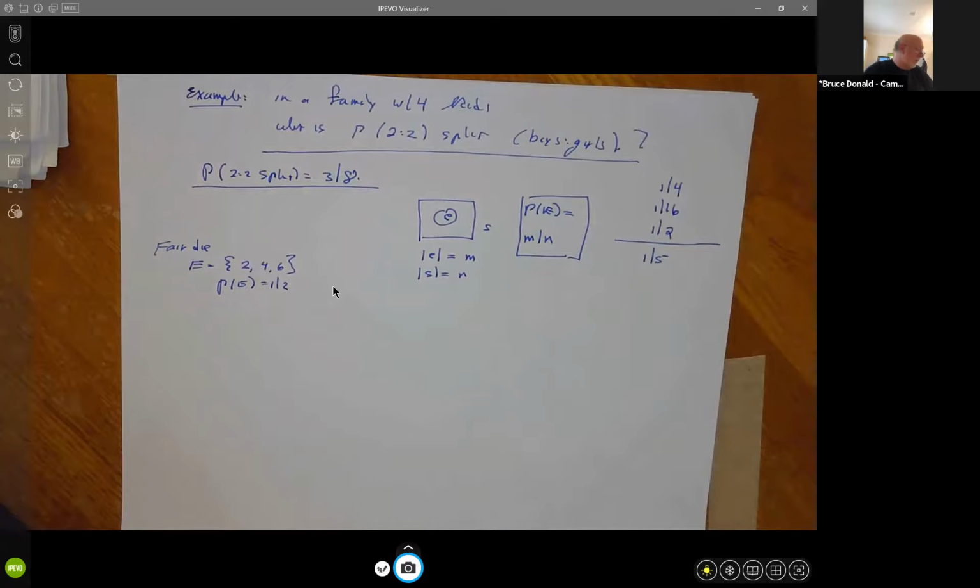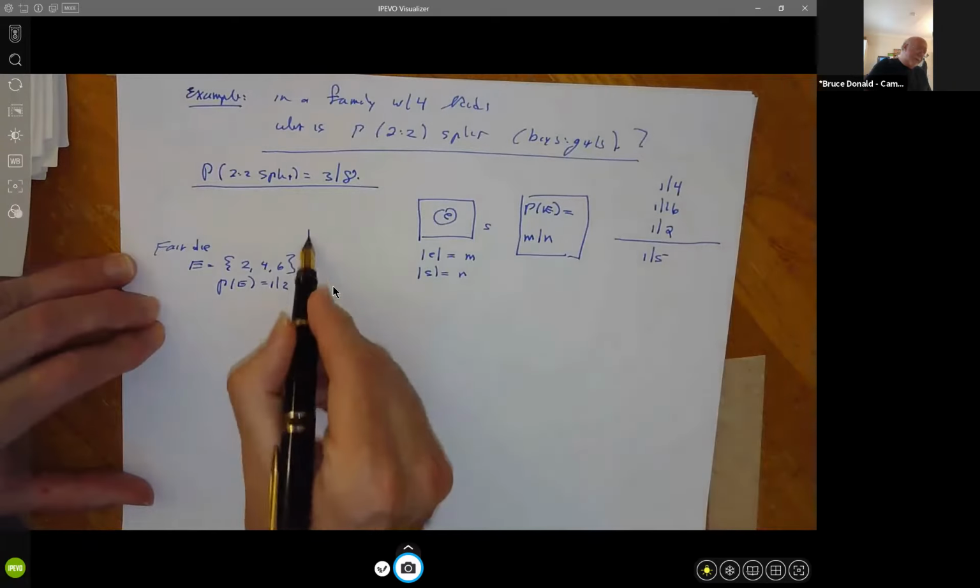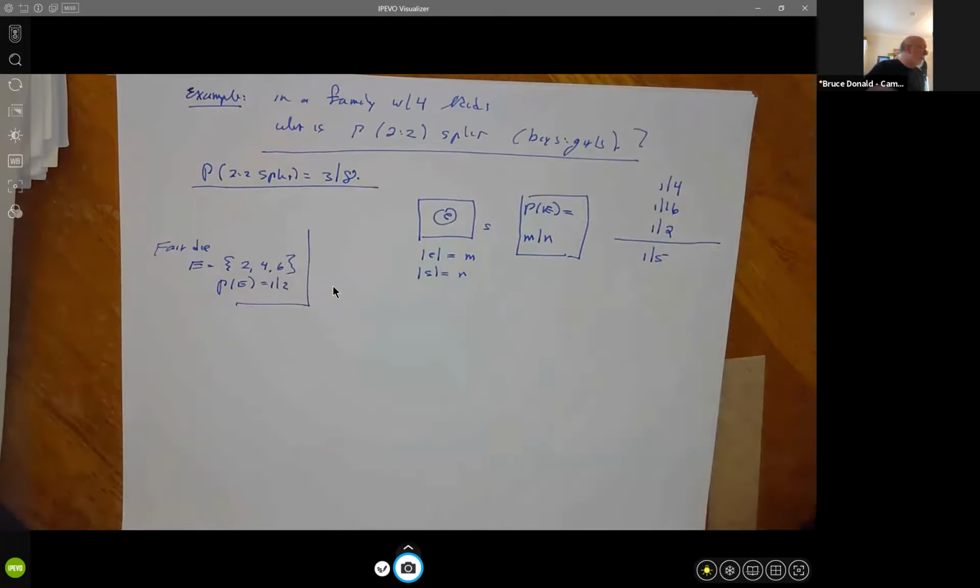Informally, probability is equal to set theory plus some probability measure satisfying certain conditions, or axioms, and we'll talk about that next time. So this is our example here.